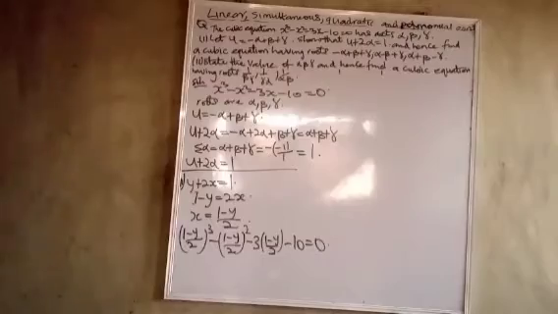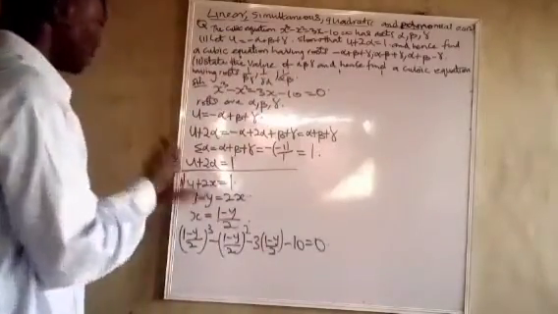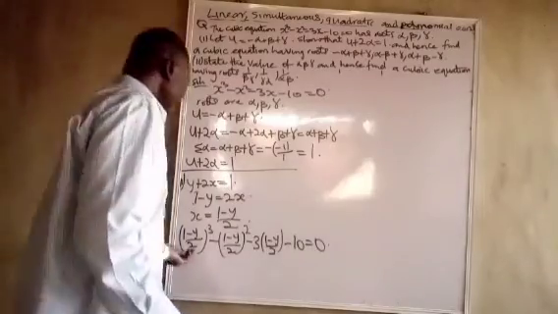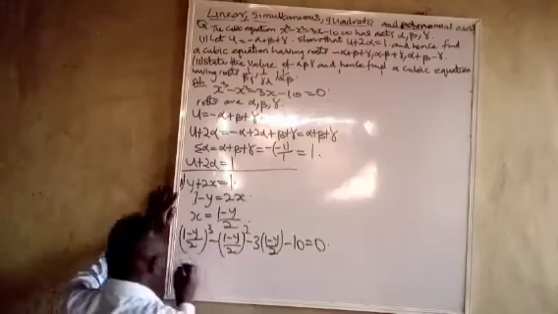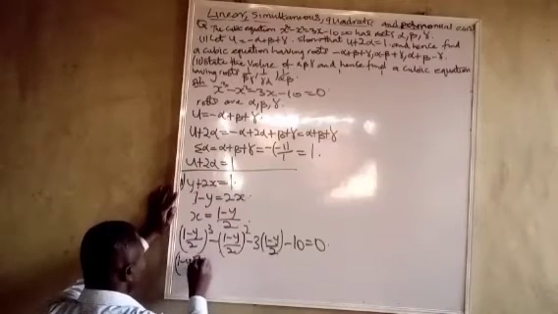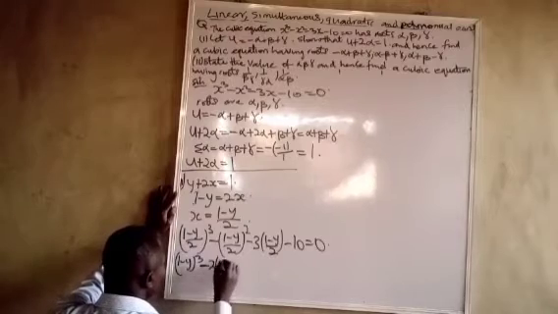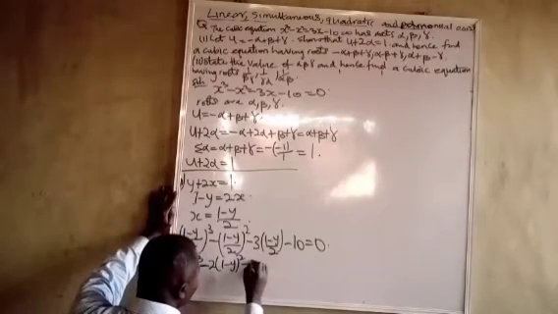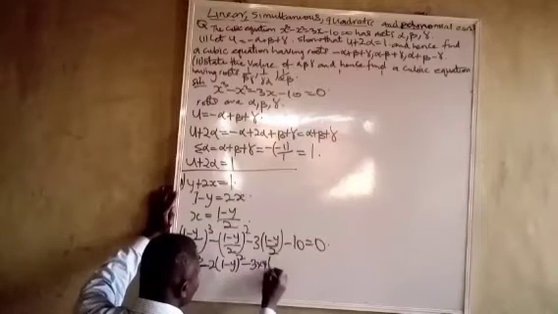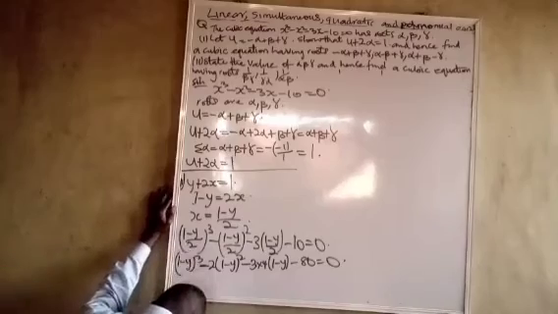You have that. Now, let's multiply 2 by 8, because this one is going to give us 8. This is 4, this is 2. I'm going to have (1 minus y) cubed minus 2 into (1 minus y) squared minus 3 times 4 into (1 minus y) minus 8 equals 0.